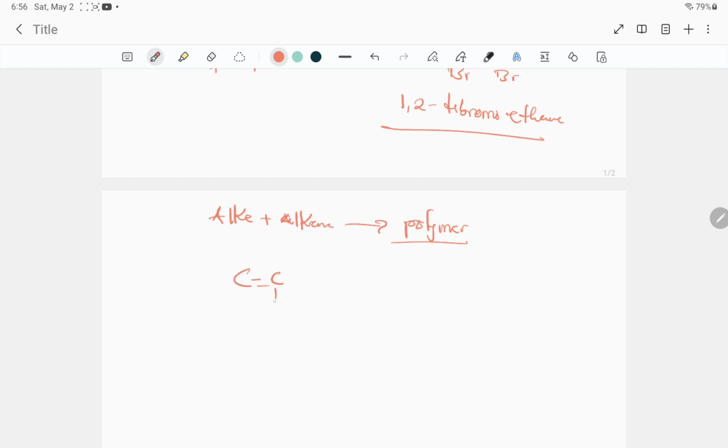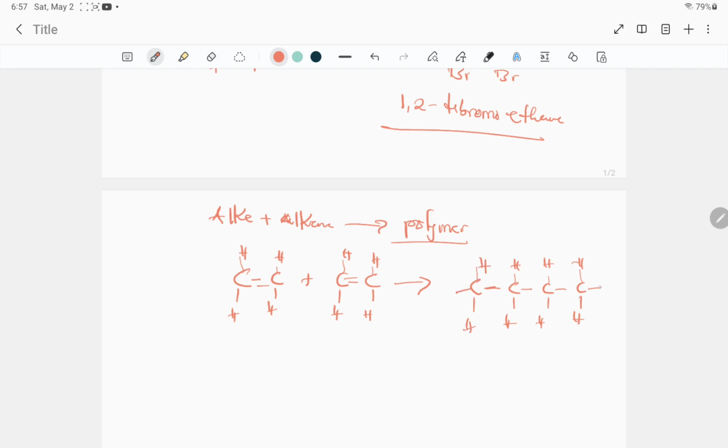If we have something like this, plus again the same structure, we can now break the bonds to form, so 1, 2, 3, 4, so I have 8. We have 8, so we have something like this.